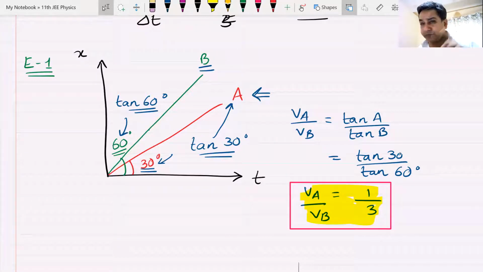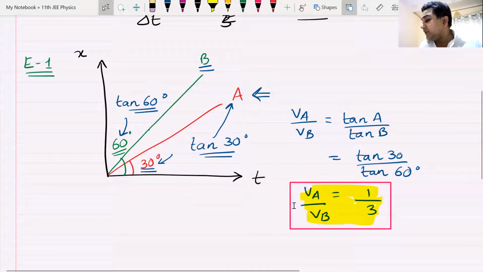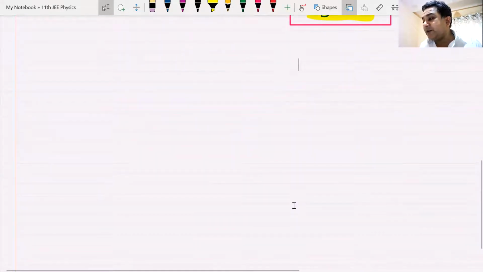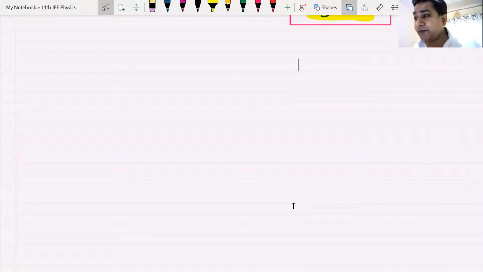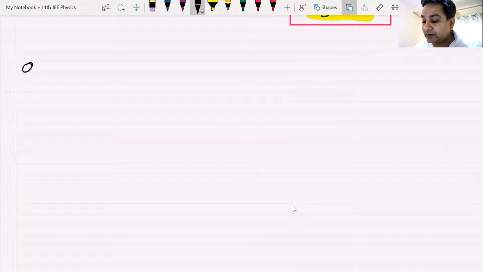Okay. Now, I'll give you one question, and this question will have all types of questions that could be made in this particular displacement or position-time graph. So I'll make a question, and 1 or 2 parts of this question have already come in exam. So I'll let you know that part as well. So let us now move on to a question that I have created for you.